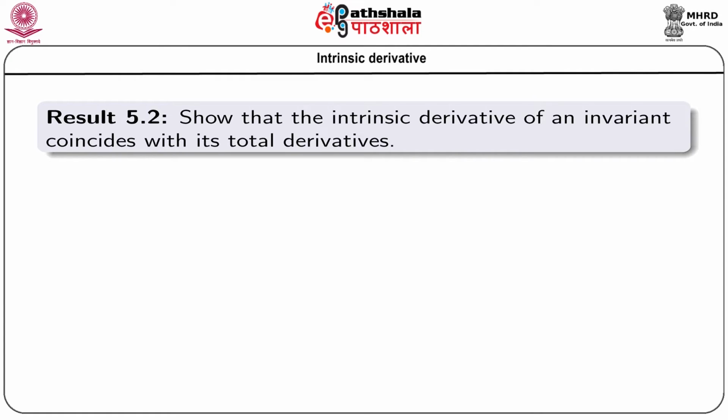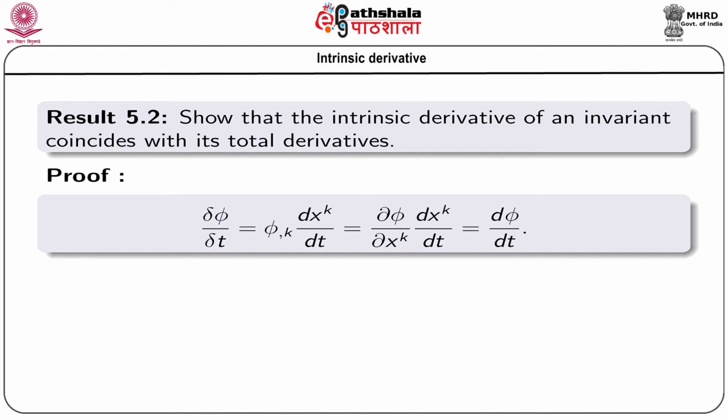Now, another very simple result: the intrinsic derivative of an invariant, that means a scalar function, coincides with its total derivative. So, we want to know the expression of δφ/δt, and by definition we can write δφ/δt equals φ,k dx^k/dt.